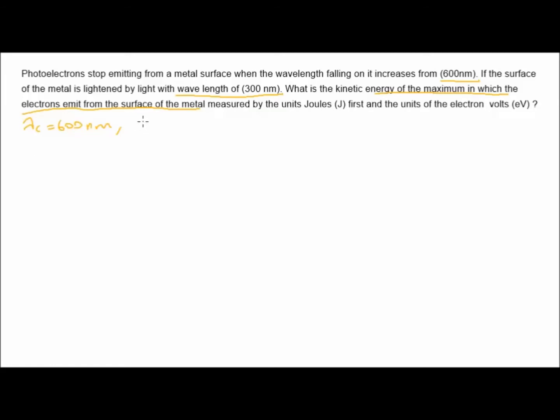First let's calculate the frequency. Cutoff frequency equals c over cutoff wavelength, 3 times 10 to the power of 8 over 600 times 10 to the power of minus 9. And it's going to be equal to 0.5 times 10 to 15 hertz.